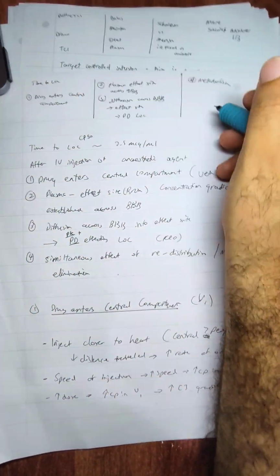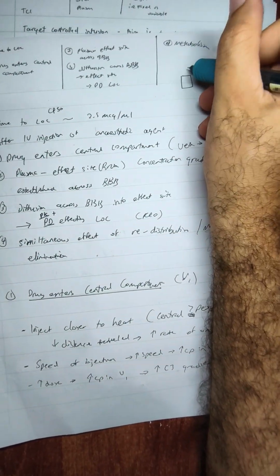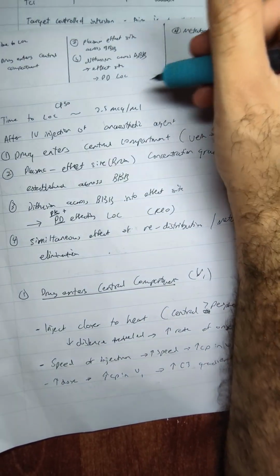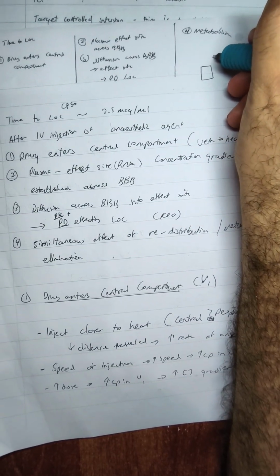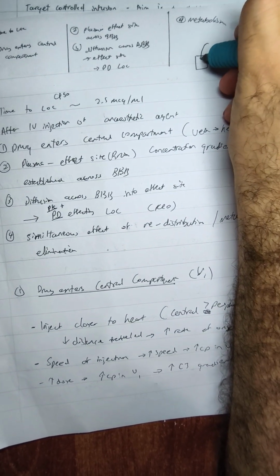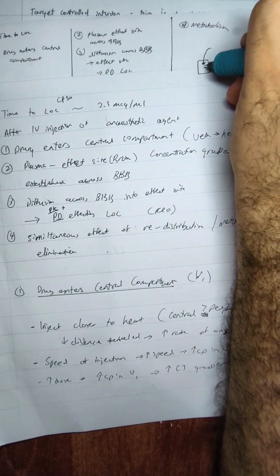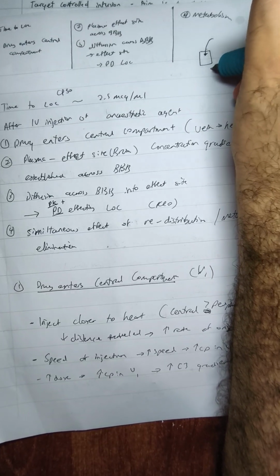So you can remember it. Think of this as a box. We're talking about the loss of consciousness. Obviously CP is just a number you have to remember, and you remember it from the diagram. But what you're going to do is inject into the compartment, so you talk about how fast the injection is. Then you talk about the diffusion from here to the blood-brain barrier.